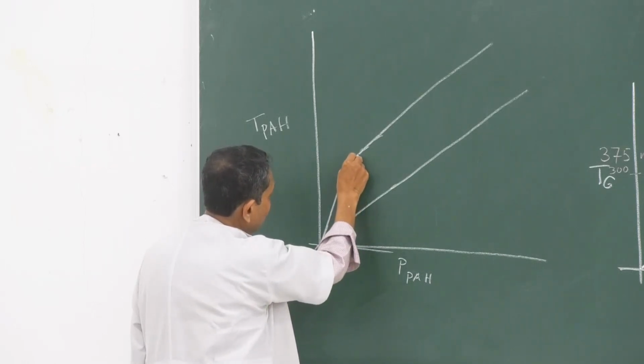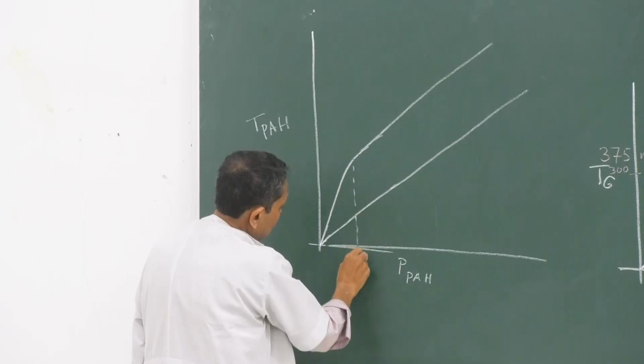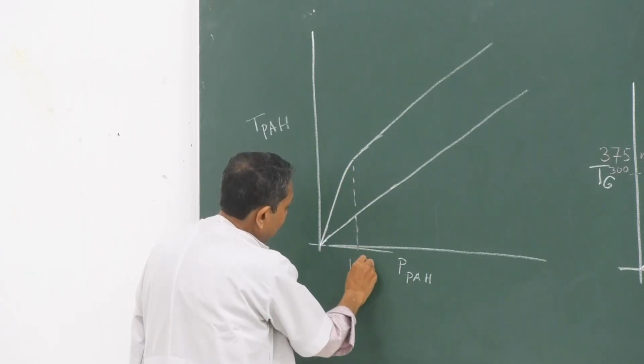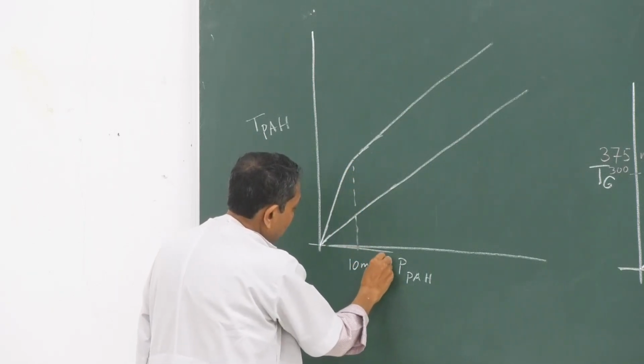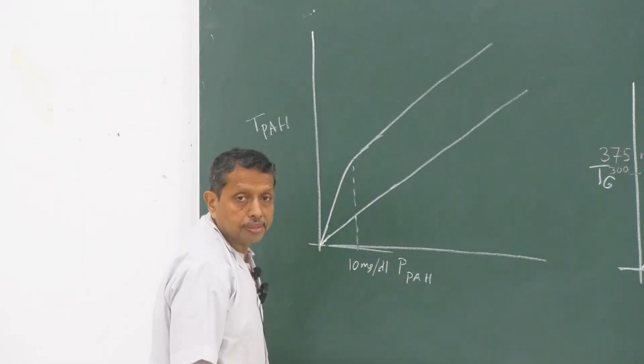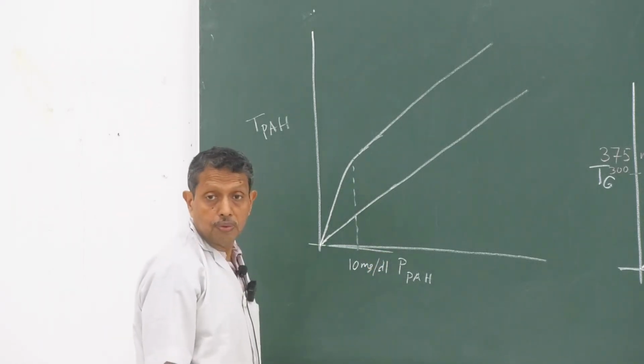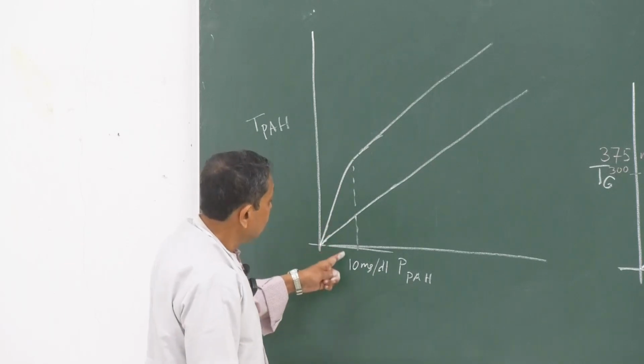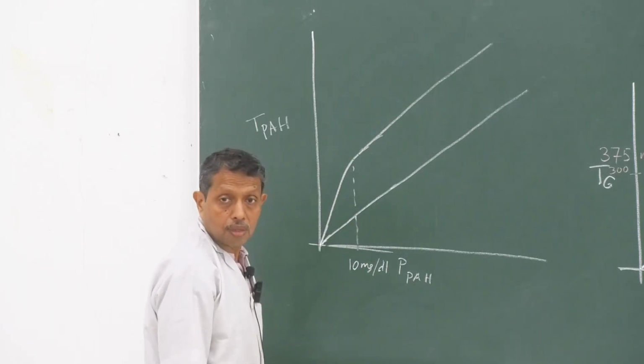The value is low, 10 milligram per deciliter or so. When below this value, more than that is filtered.